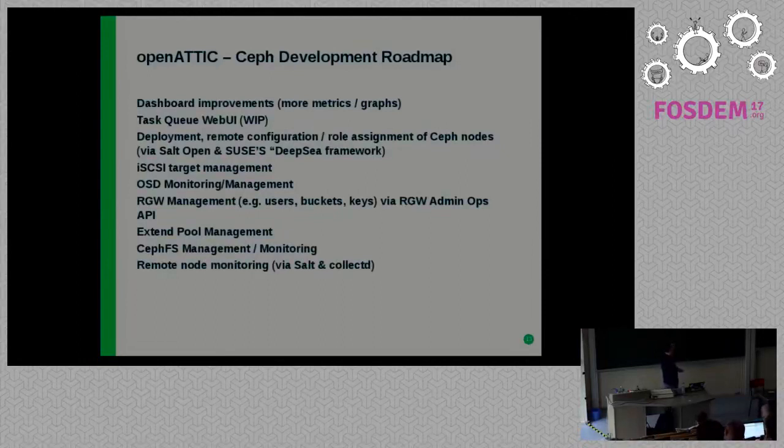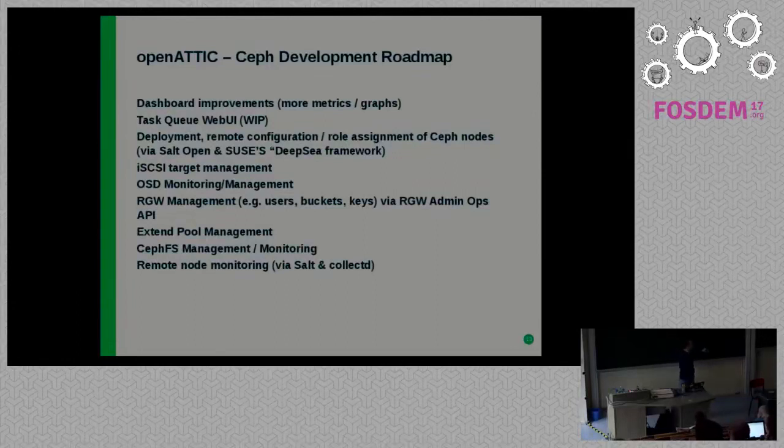So we need to develop the interface on our end to establish that communication path. And the existing functionality, like the RBD management or the pool management, still needs a lot more features that we're working on.